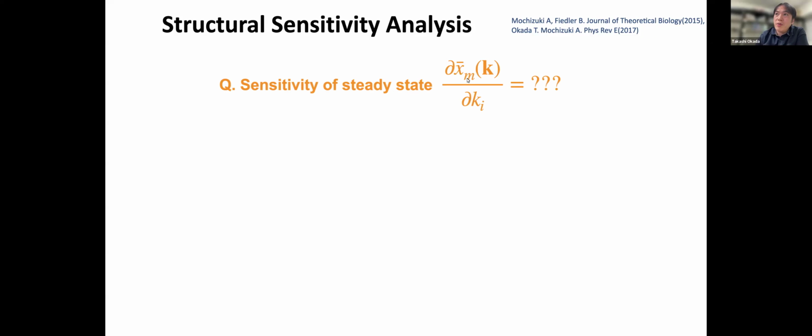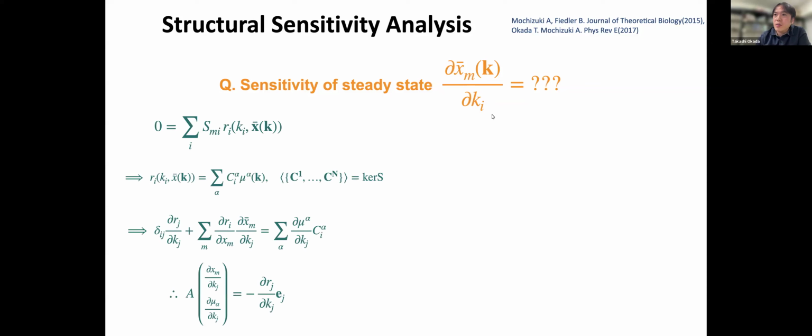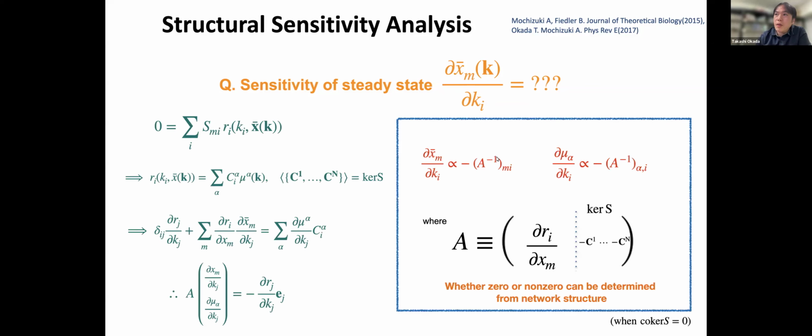Here, x bar m denotes the concentration of chemical M at steady state, and this depends on parameters in general. What I'm asking here is which parameters this concentration depends on. We can systematically answer this question by using linear algebraic computation, and I'd like to first explain the result.